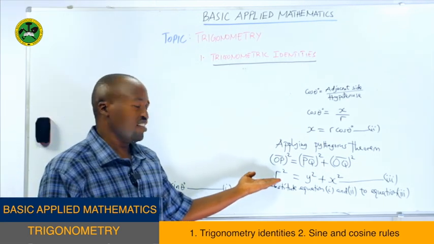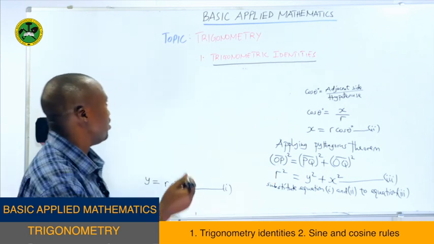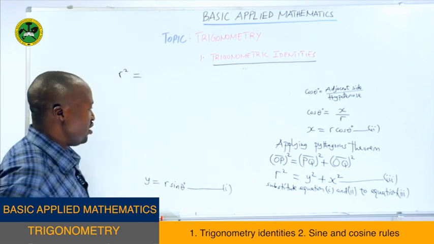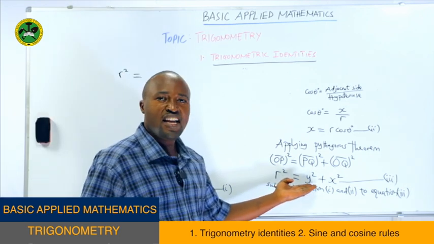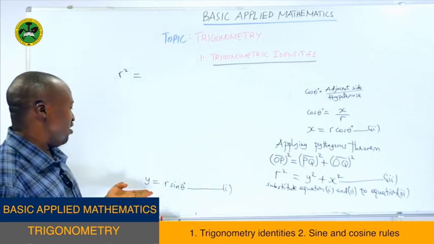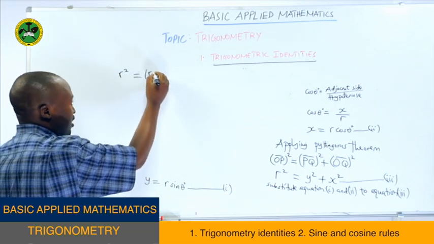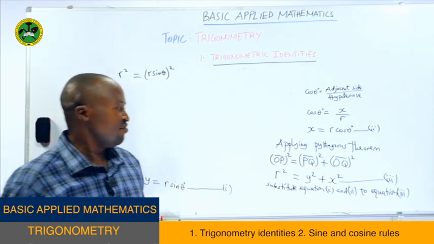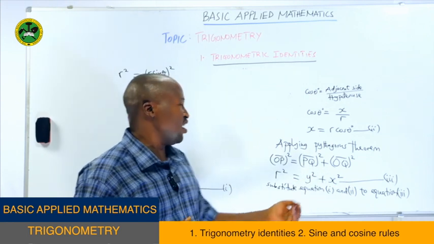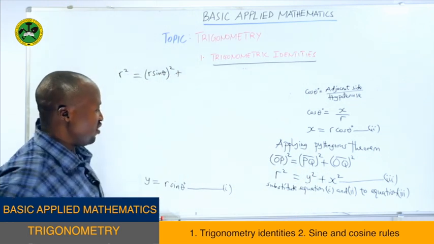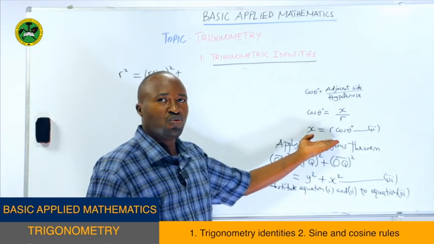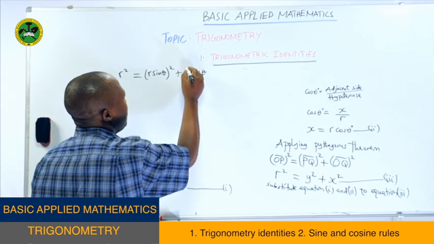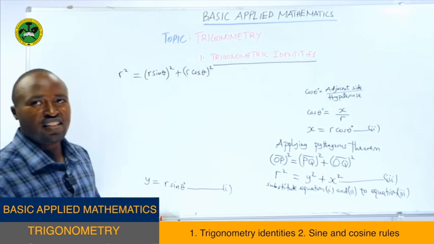Now equation 3 starts with the r squared. So we have r squared, which is equal to y squared. It means the value of y is (r sine theta) squared, plus x squared, where x is found in equation 2, that is (r cos theta) squared.